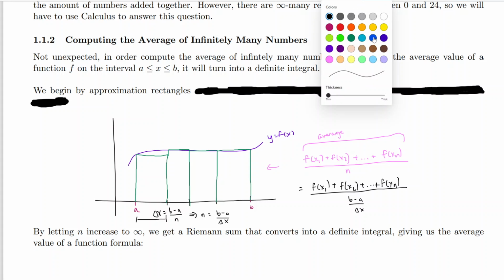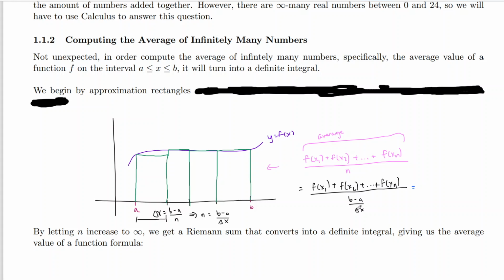Now the reason why this is so helpful is if you do keep change flip here, so you can bring the delta x to the top as multiplication and the b minus a stays on the bottom, then we get all these f of x values, and then it's multiplied by the delta x from keep change flip. And then we're still divided by b minus a. So this is still the same exact formula that we started with. We're just representing the n being equal to b minus a over delta x, which it is, because that's just rearranging our formula that we're used to.